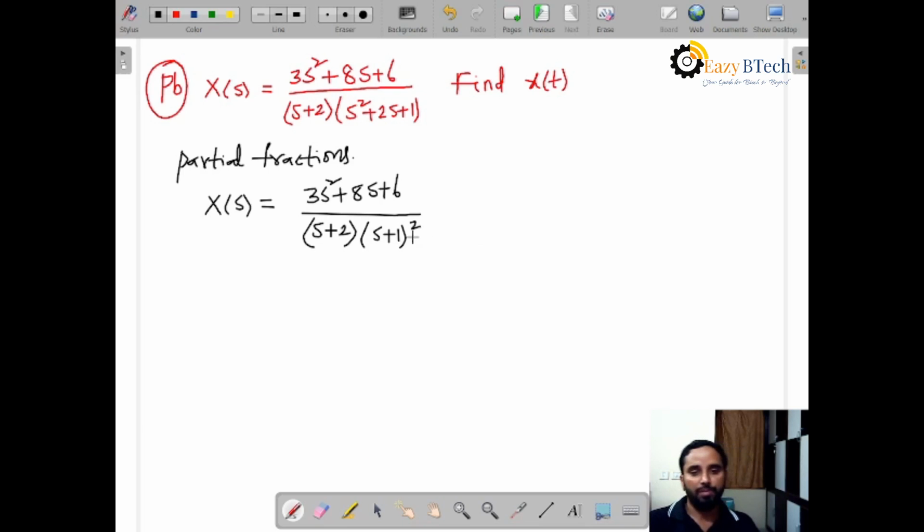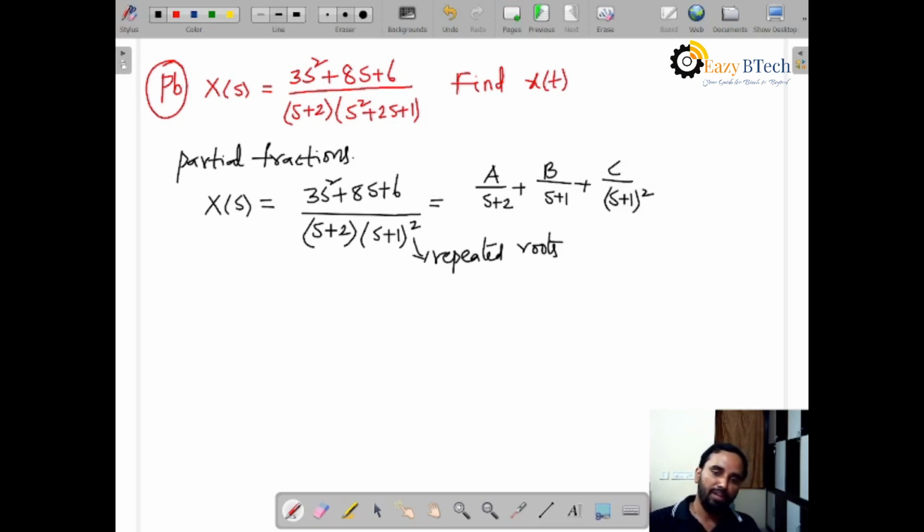So here we have repeated roots, repeated poles. So how to do partial fractions? So totally we get three partial fractions. It can be written as a by (s plus 2) plus b by (s plus 1) plus c by (s plus 1) whole square.